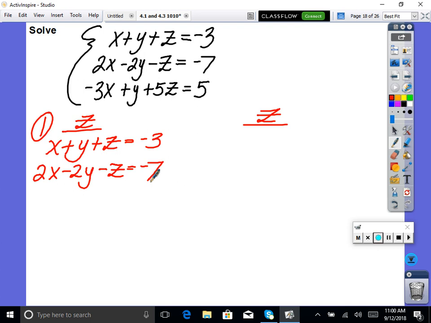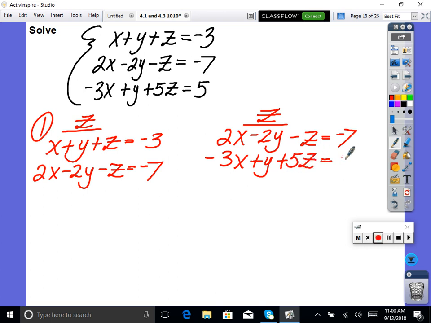Then you also do another combination of any two other equations. So you can't do the top and middle again. We've already done that. You could do the top and bottom or the middle and bottom. Yes, middle and bottom because they're already opposite signs. Not that it would have been wrong if you would have done it the other way. 2x minus 2y minus z equals negative 7 and negative 3x plus y plus 5z equals 5.